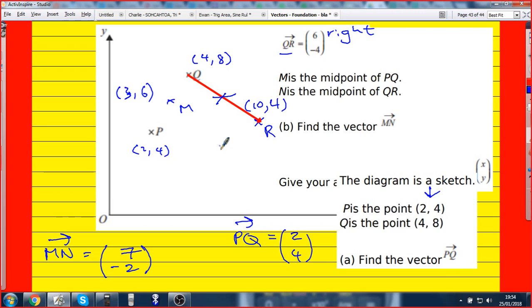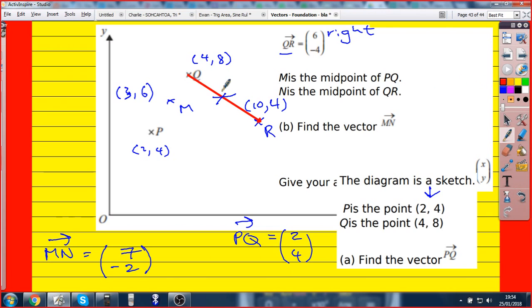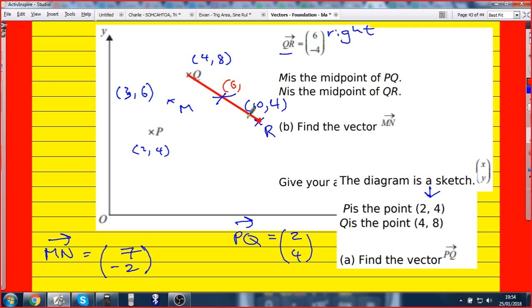So Q is 4, 8. R is 10, 4. We have to find the midpoint. So it's 6. What is it as a coordinate? So we want the midpoint of 8 and 4. 6.